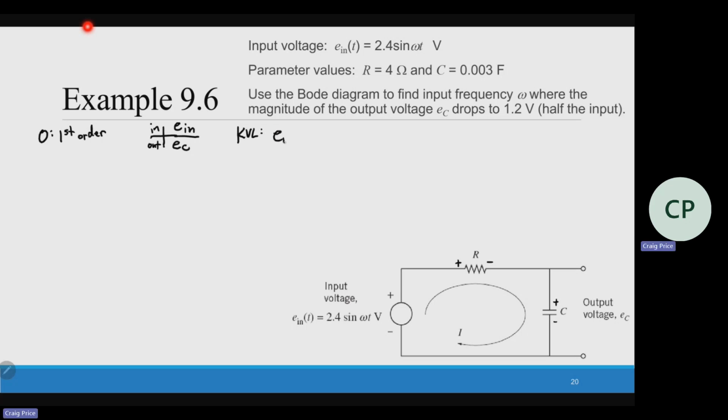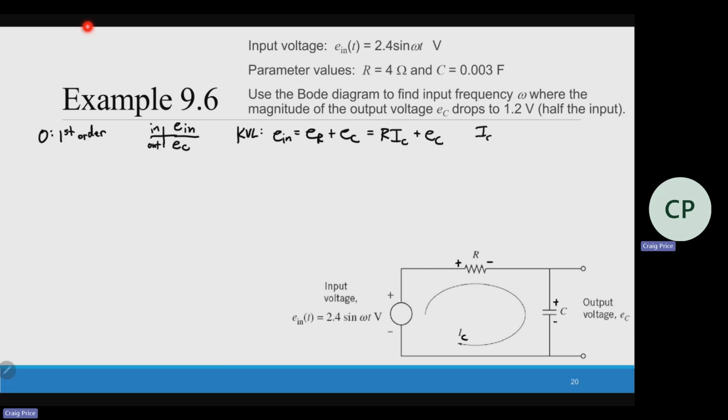KVL, we have E_N is equal to E_R plus E_C. So this is equal to R I. And I could say that this current is affected by the capacitor.